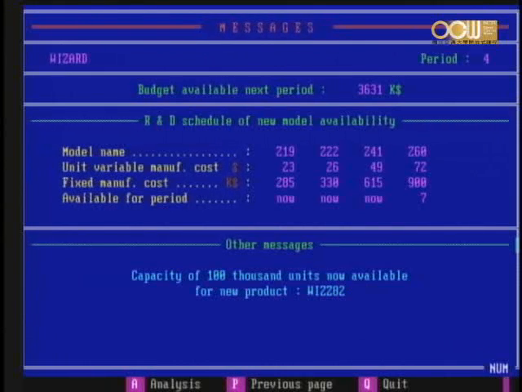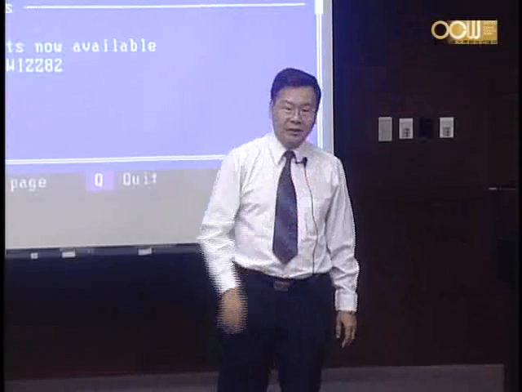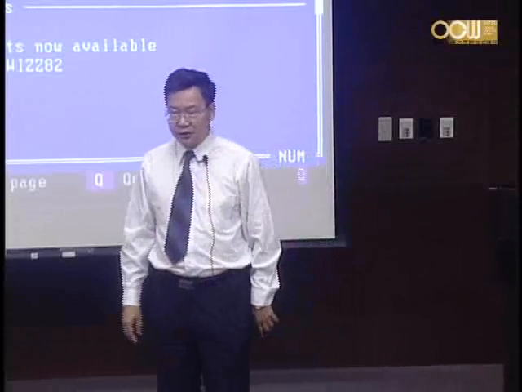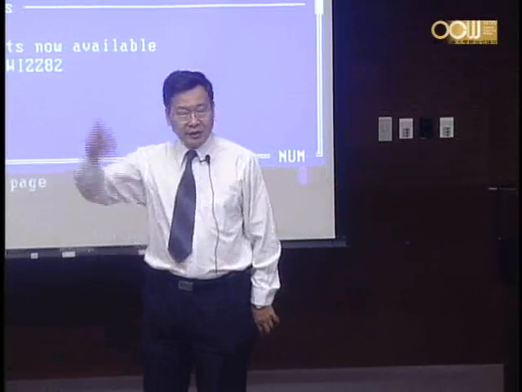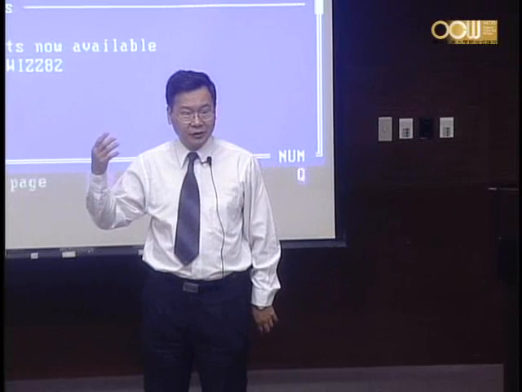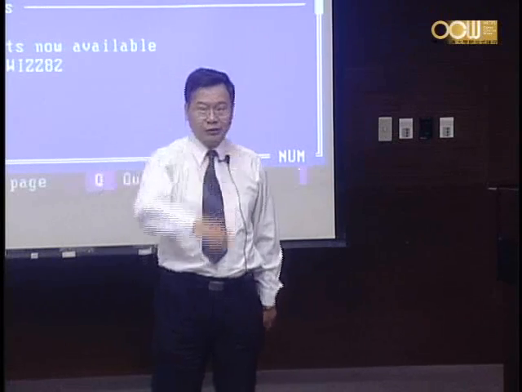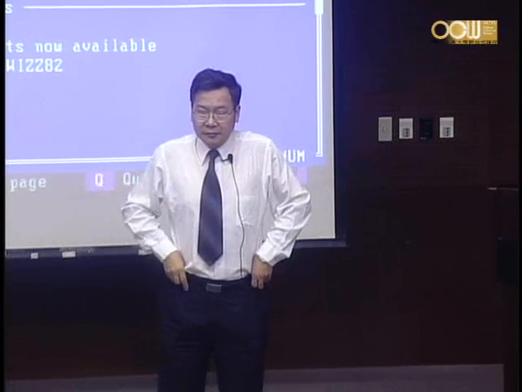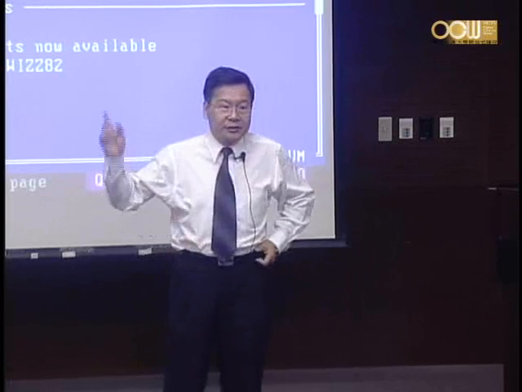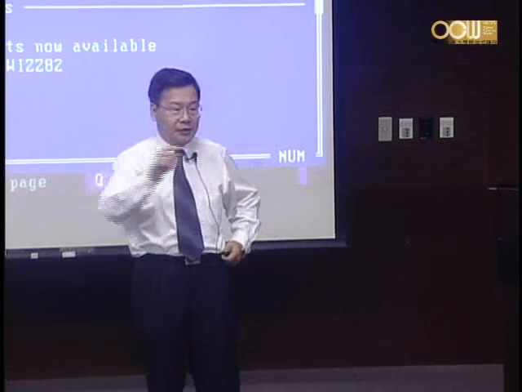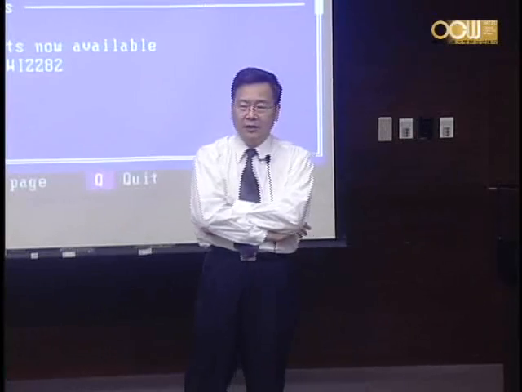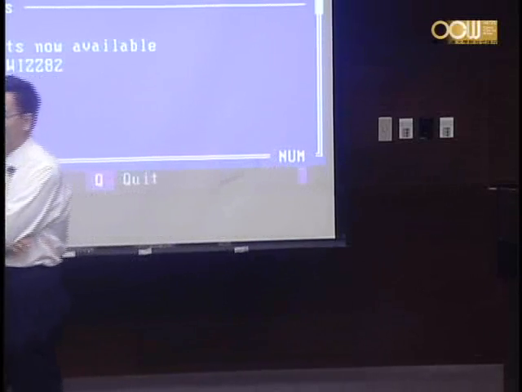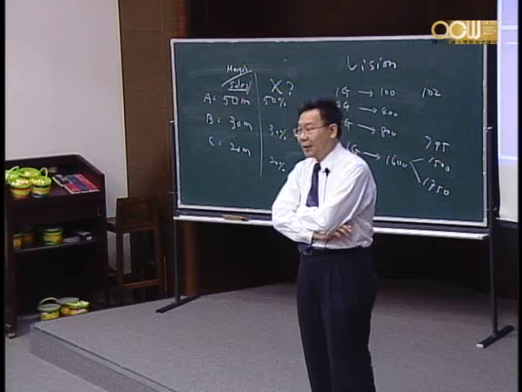That's why I said you have to send your email address to the TA. The TA will give you the new product chart. This is the exercise, not your real decision. The real decision will be sent to you after you send the email to the TA. So the message there has the R&D information. Yes. All right, if you don't use up all the budget, what happened to the money?